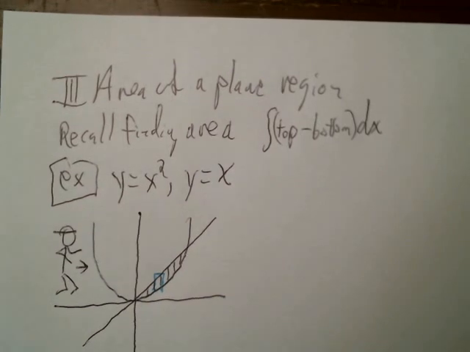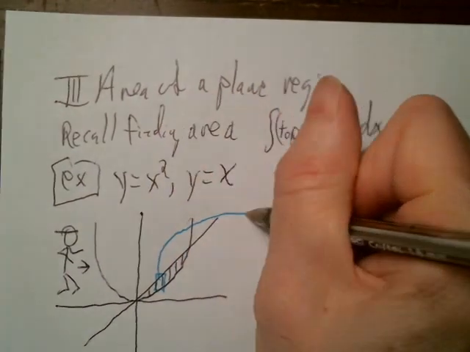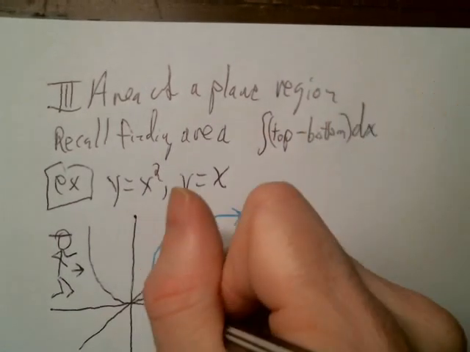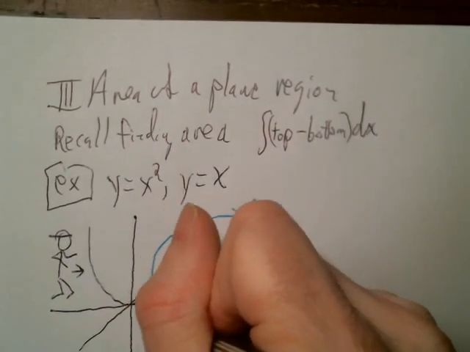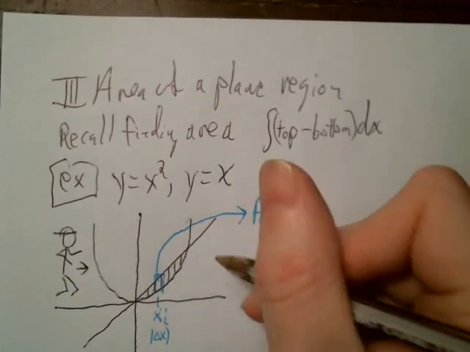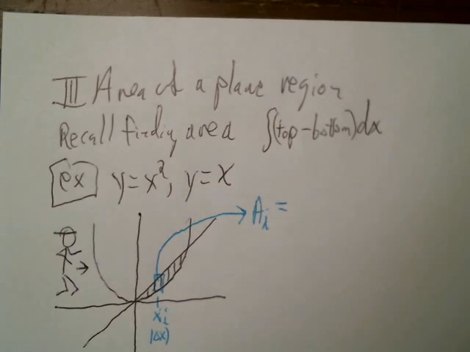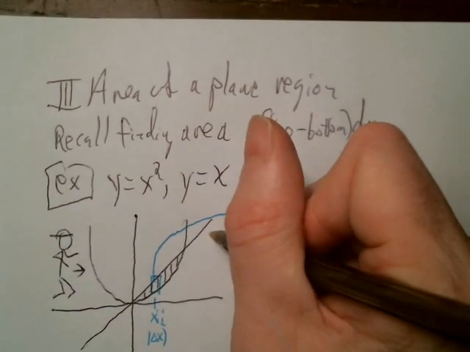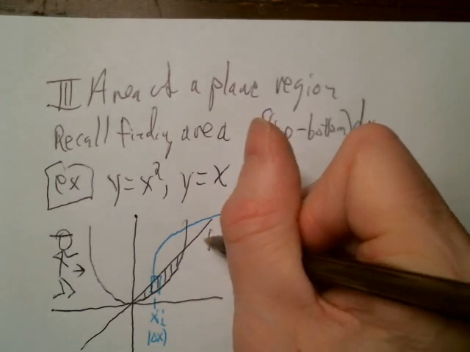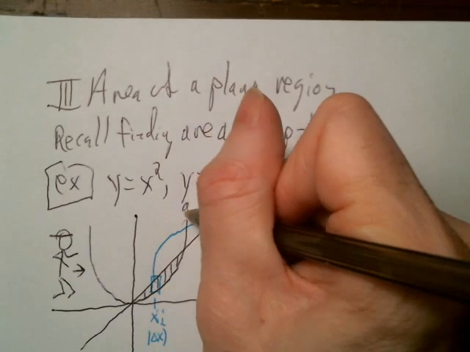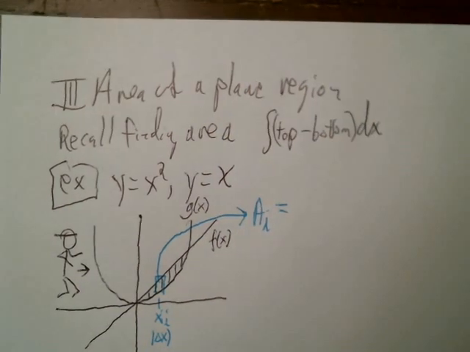And so this particular rectangle here would be described if we consider this location x sub i, and then the width is change in x, and then we give the two curves names. So we'll give y equals x, we'll call that one f of x, because it's the top curve, and the parabola g of x, because it's the bottom curve.